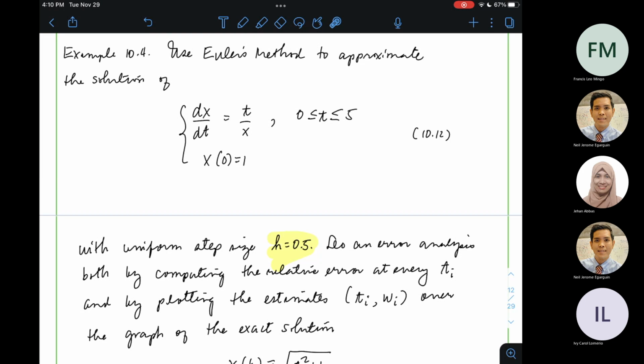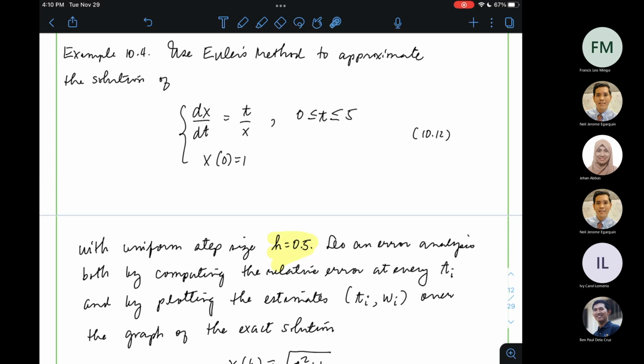So medyo kakaunti yung discretization points na ginamit ko. Usually in practice, you want to have lots of discretization points because you will see that in the continuum, the error will vanish to 0 as a function of h, or as h goes to 0. So gusto mong maliit si h, ang consequence, napakalaking mesh yung ginagawa mo. But just for the purpose of illustration, I use h equals 0.5.